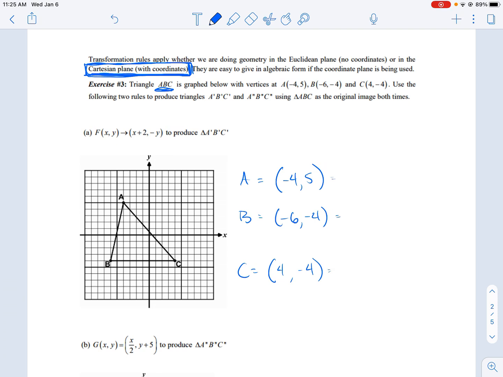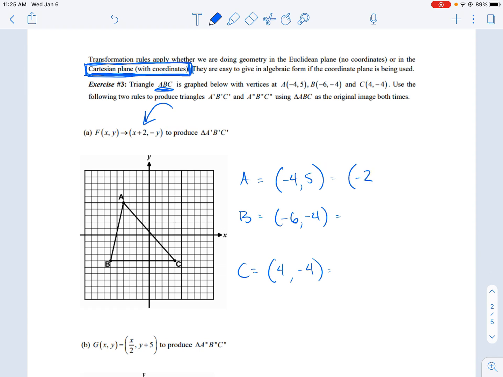We're going to take these points and plug them into this rule here, this function. It looks like we're taking that x value and adding 2 to it. So -4 plus 2 will give me -2.